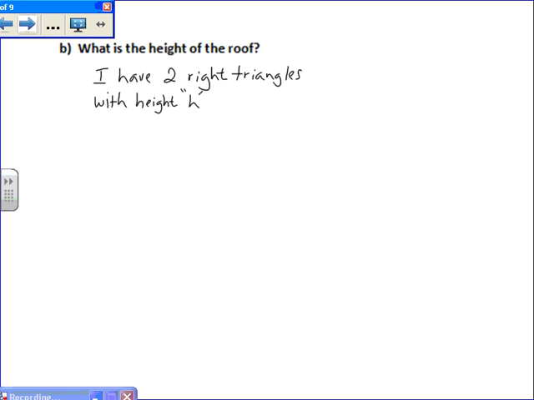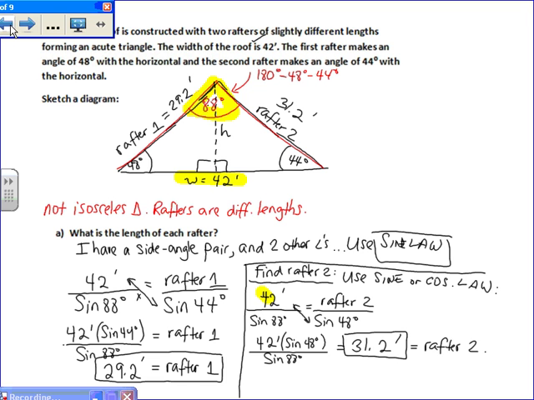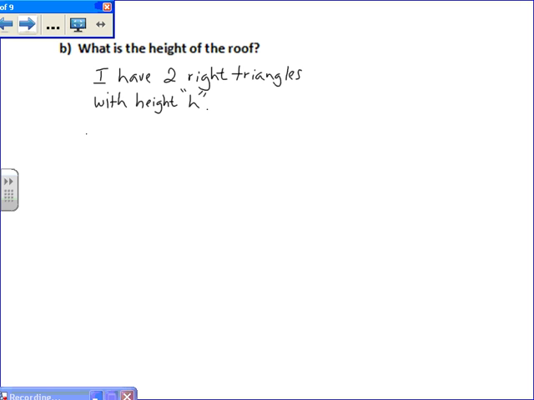Because when I sketch in my height, it separates that acute triangle into 2. I could choose either the left triangle or the right triangle to go ahead and solve for the height. I'm just going to go ahead and choose to look at the right-hand side here. So let's go ahead and sketch one of those triangles. So let's just look at rafter 2.